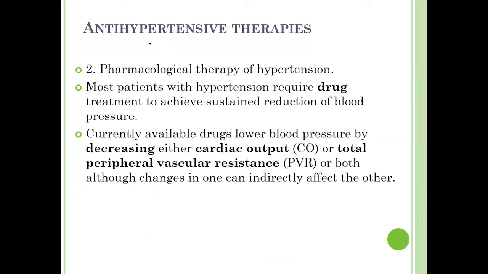So with the medication to treat hypertension, basically, certainly we need to reduce the blood pressure. So we reduce blood pressure by a few aspects. One aspect is reducing or decreasing cardiac output.